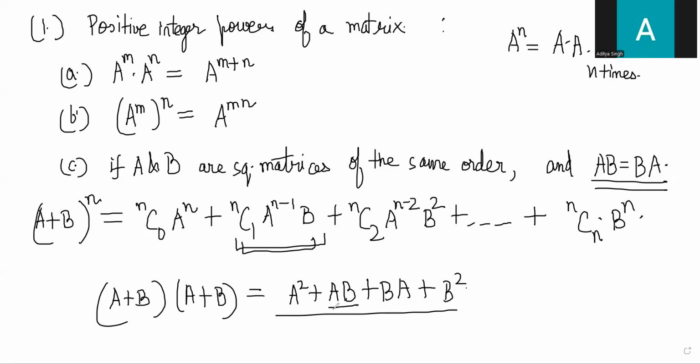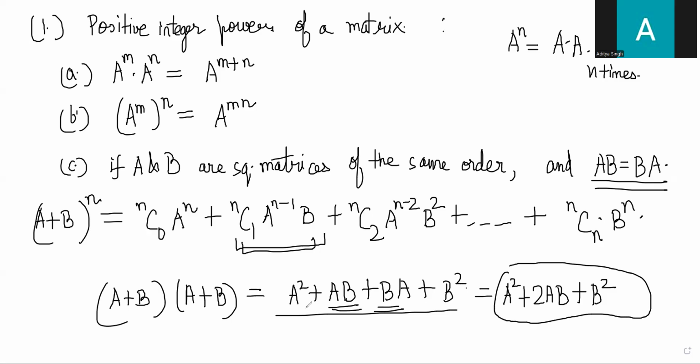Only if AB is equal to BA can we write it like this. This happens only in the special case when it is commutative, right? This is the binomial expansion of A plus B whole square. So similarly here also the terms will look like the binomial expansion only if they are commutative matrices, right?